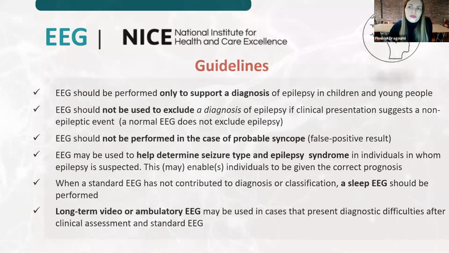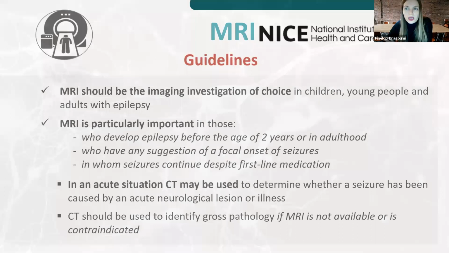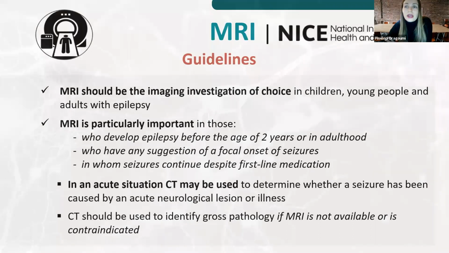In terms of neuroimaging, we should aim for an MRI, which is the imaging investigation of choice. And we particularly need an MRI when we have early onset epilepsy, when we have any suggestion of focality in EEG, or when we have seizures that are not responding to treatment.